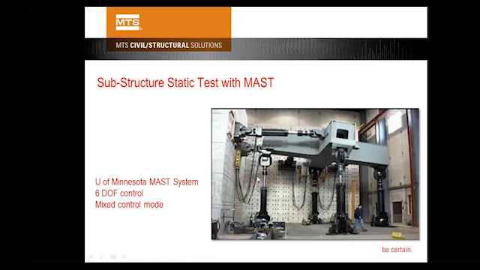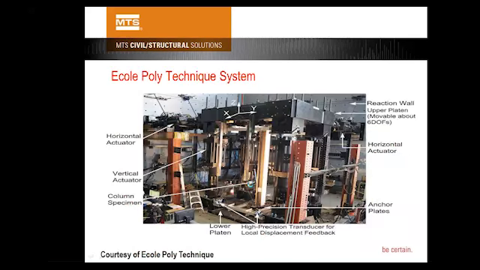In this system, it has a hydrostatic bearing, so the friction is really low, and in Ecole Polytechnique, it doesn't have that; it has a regular swivel, with a lot of friction if there's a lot of tension, vertical force going up. That friction causes force loading errors, and when you do hybrid simulation, it will cause stability issues.